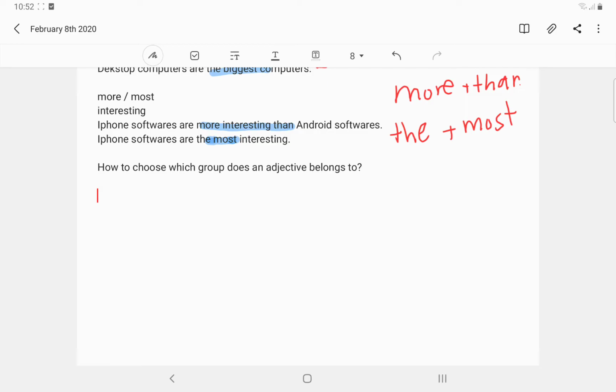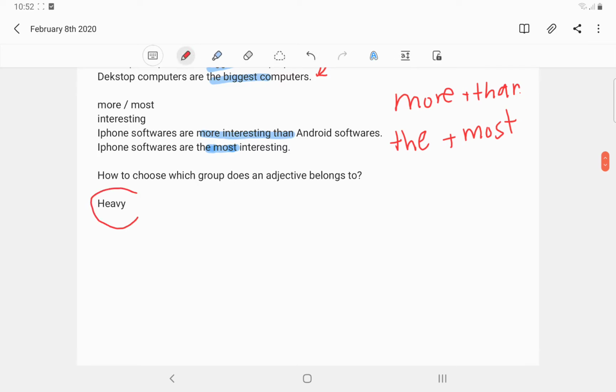So for instance, perkataan heavy. Macam mana you nak tahu sama ada heavy ni adalah masuk grup ER/EST ataupun grup more or most? So macam mana you nak tahu?